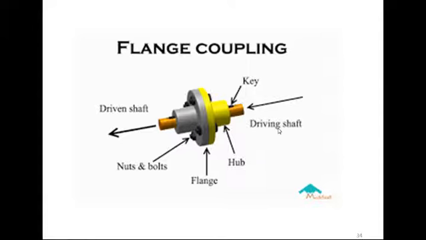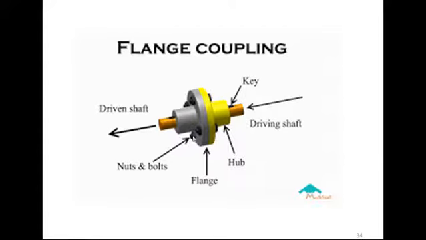This is a driving shaft we have attached here, and this is a driven shaft we have attached here. This is the key, this is the hub of the flange coupling, these are the nuts and bolts, and these are the flanges.